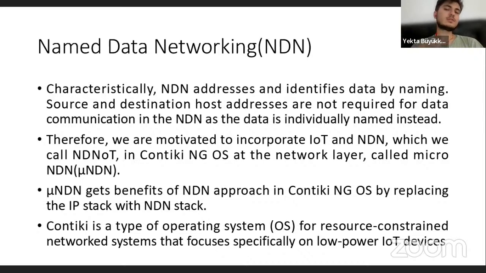But in named data networking, there is no addressing, as I said. You just ask for the data, and that data in this case is twitter.com, and if the data is found in other nodes, it will come to you without needing an address.